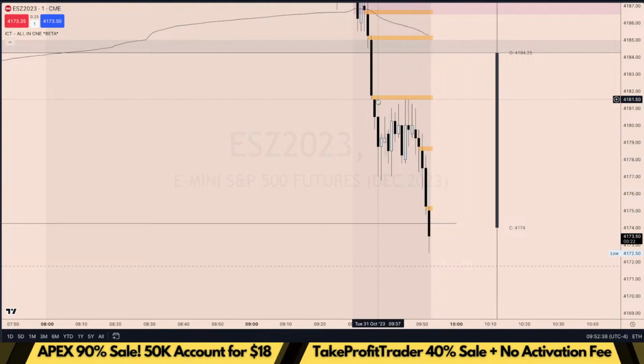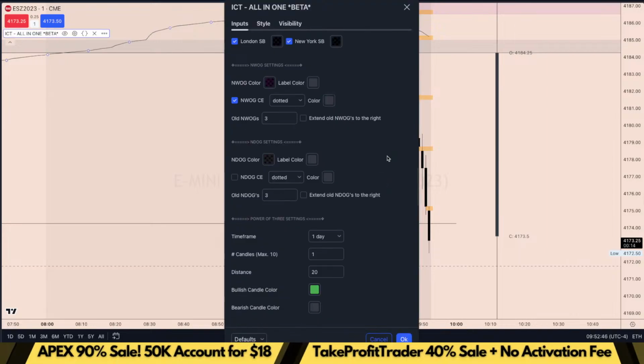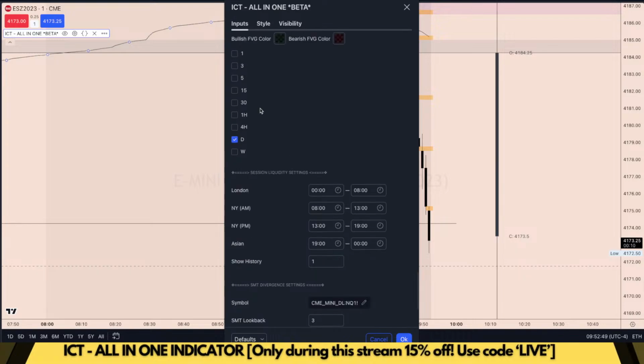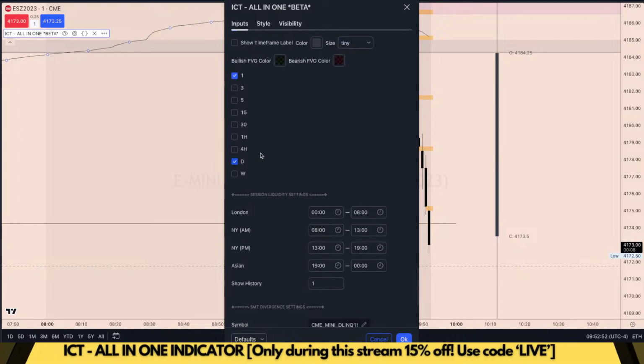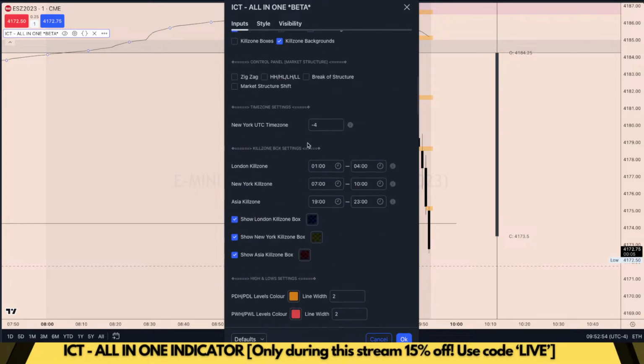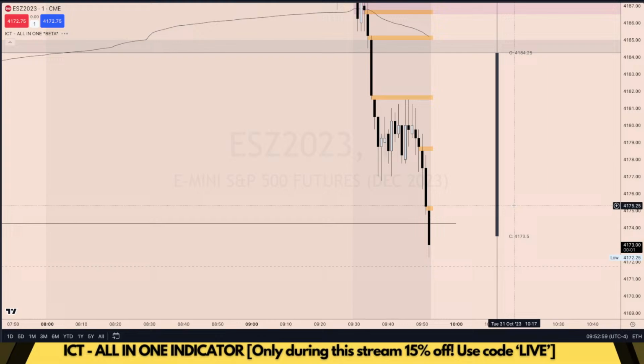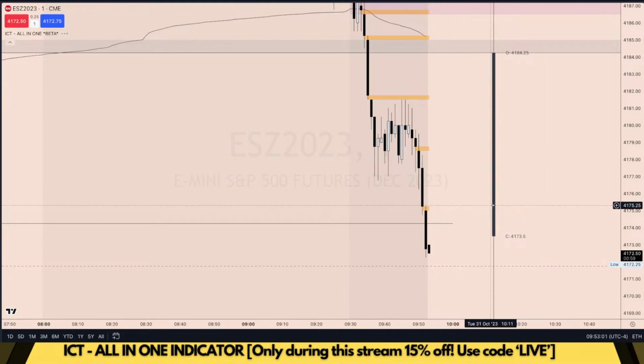We see how we perfectly rejected from this bearish fair value gap paired with this unfilled volume imbalance. If we were to turn on 1 minute volume imbalances down here in the settings, and daily fair value gaps, multi-time frame fair value gaps, we also get them displayed on our chart.